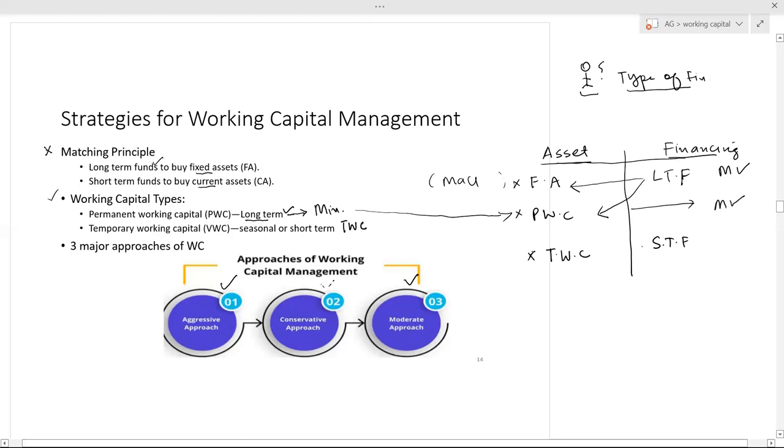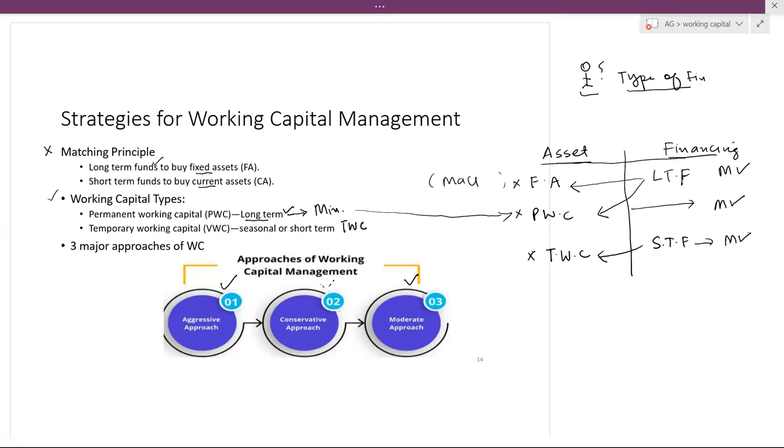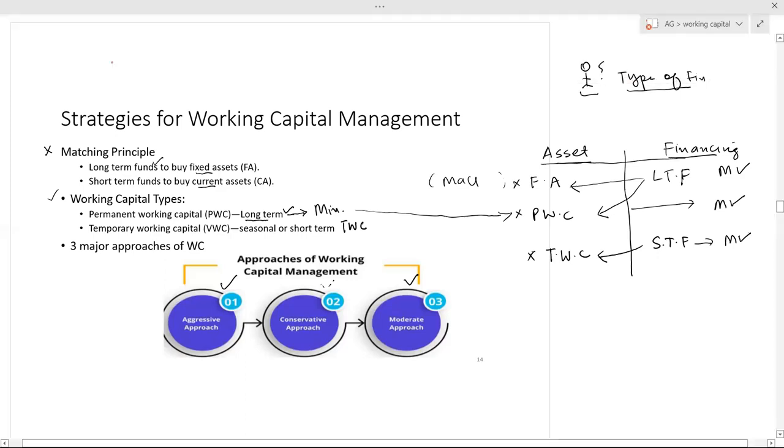And if you are using short-term funds to buy temporary working capital, again the matching is followed. But in situations where you use short-term funds to buy permanent working capital, in this situation matching is not followed. Okay, or if you are using long-term funds to buy short-term or temporary working capital, matching is also not followed here. Okay, so this is the approach that this finance manager has to decide.